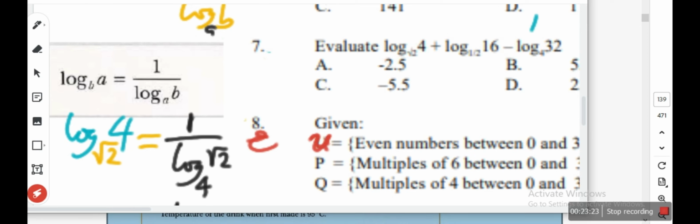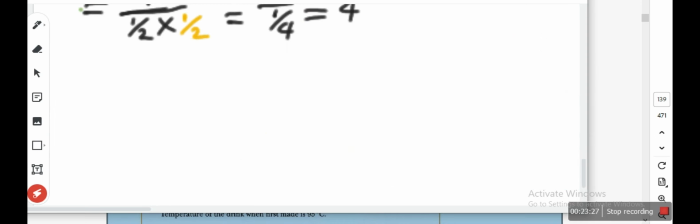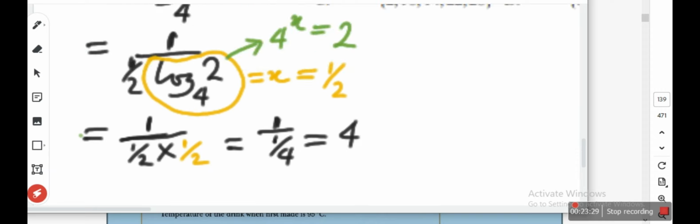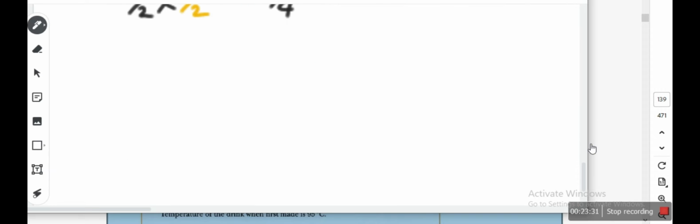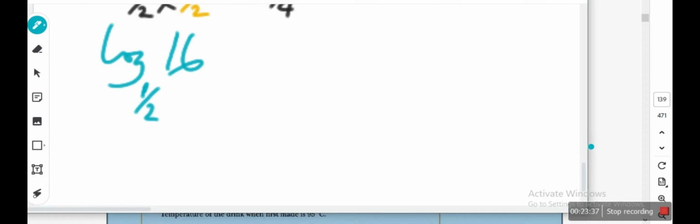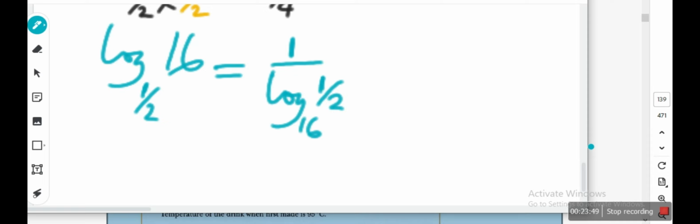Log 16 in base half. Let's do that very quickly. Let me write it down in a different color. Log 16 in base half. Let's apply that rule again. What will it become? 1 over log half in base 16.